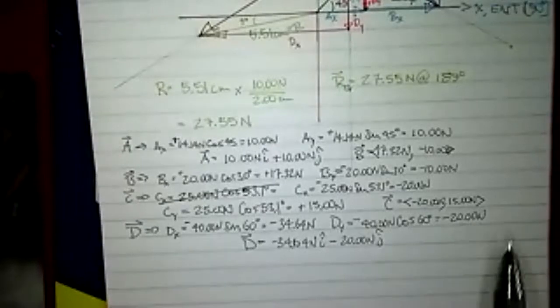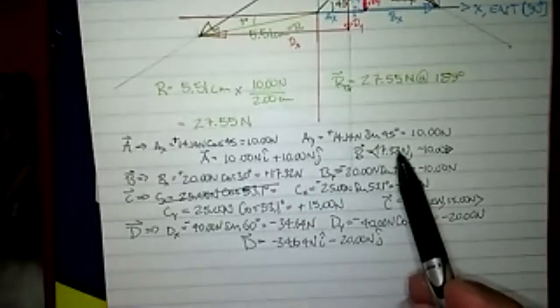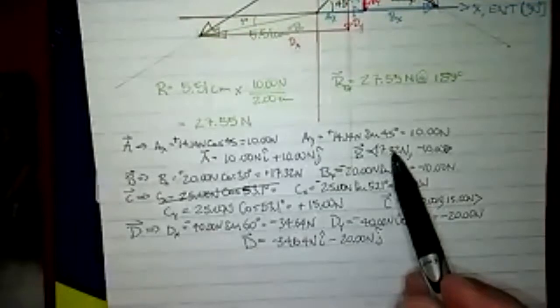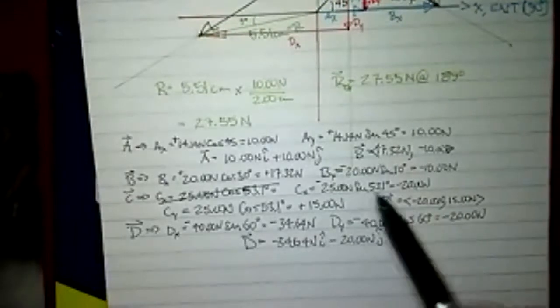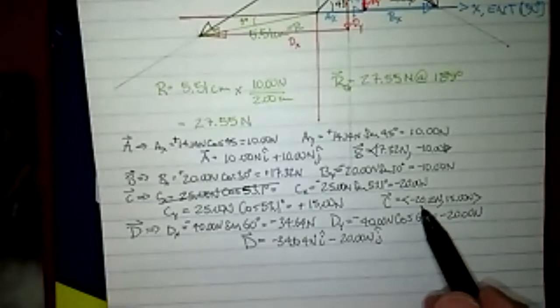Now all I have to do is just add the like components. So you can see I take the X component of A, that's 10. I take the X component of B, that's 17.32, so I'm up to 27.32. And then I take the X component of C, that's negative 20. So I was up to 27.32, and now I'm down 20 from that, so I'm up to 7.32.